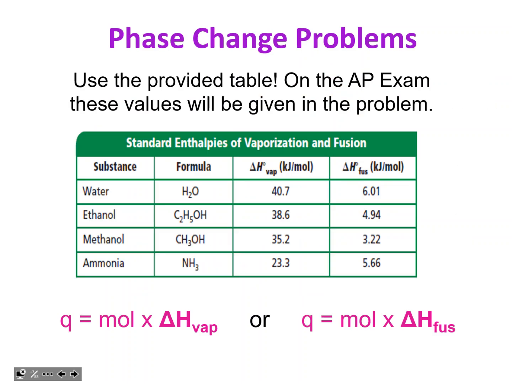Like here, a table of heat of vaporizations and heat of fusions for 4 specific compounds. So they will give you these values usually in the problems, and you don't have to manufacture them. Specific heats, heat of vaporizations, heat of fusions will be given to you.